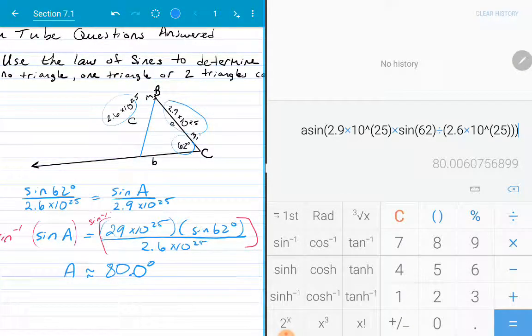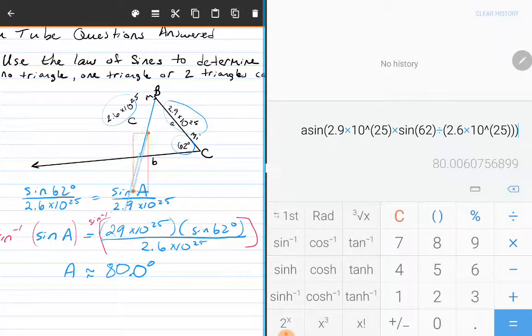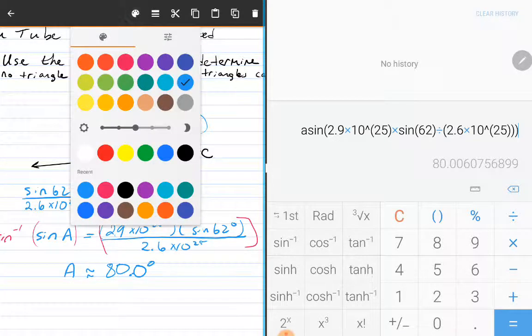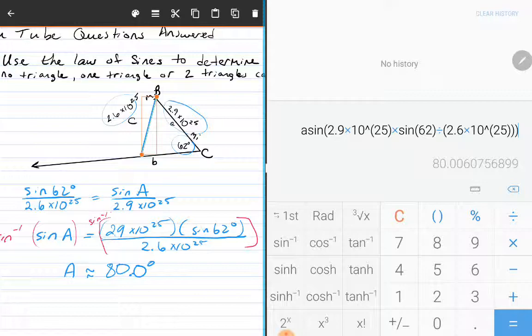But there's another option, there's a second solution here, which I will put in, let's say, I don't know, green. And it is a supplement to this. So 180 minus 80 for that obtuse angle. So angle A might be that guy.